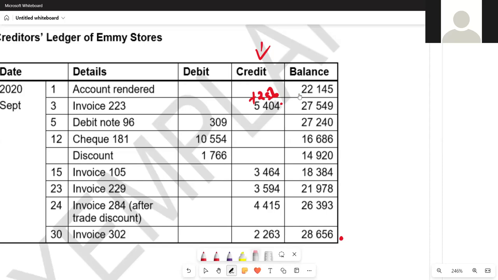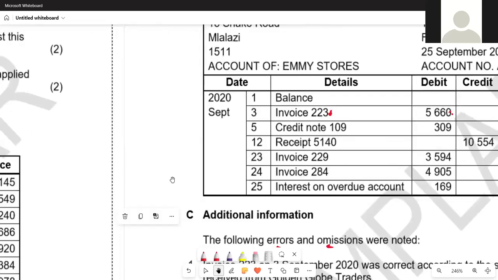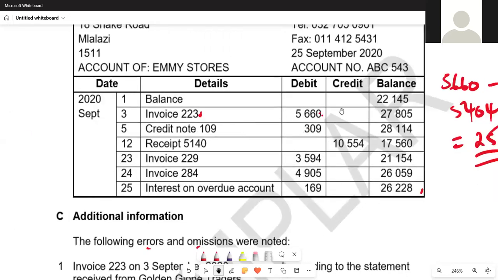But what we have to take note of is that when we correct by entering on the credit side in the ledger, it's going to be a plus. But when we enter on the debit, it's going to be a negative. The opposite is true when you go to the statement of account. Let's make it clear here.